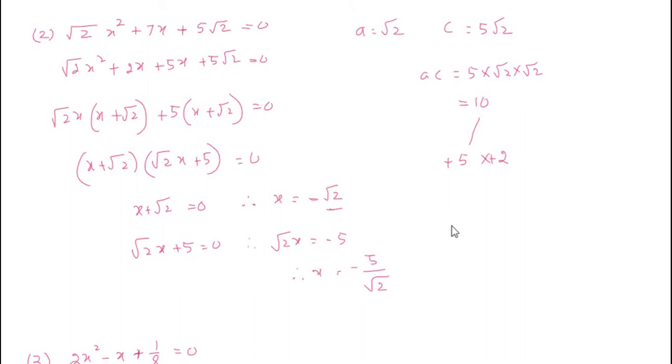The two roots are x equal to minus root 2, x equal to minus 5 divided by root 2.